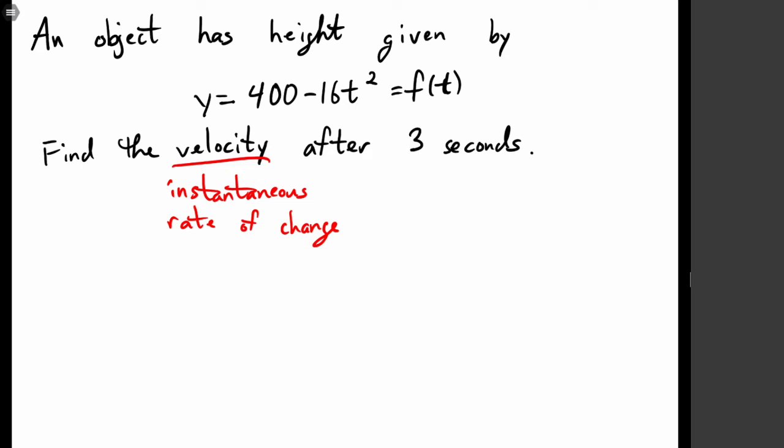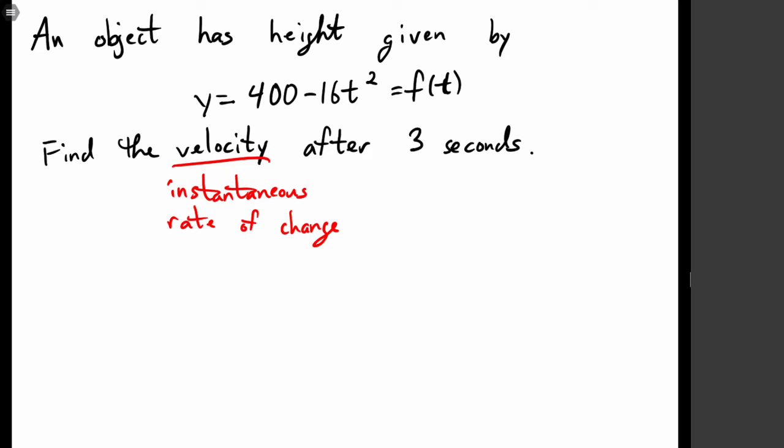Well, one thing I want to point out here is that instantaneous rate of change takes on many different names in different contexts. So in this kinematics context here, where we're dealing with the position of an object, it becomes velocity. If we just have any generic function, it's the slope of the graph.